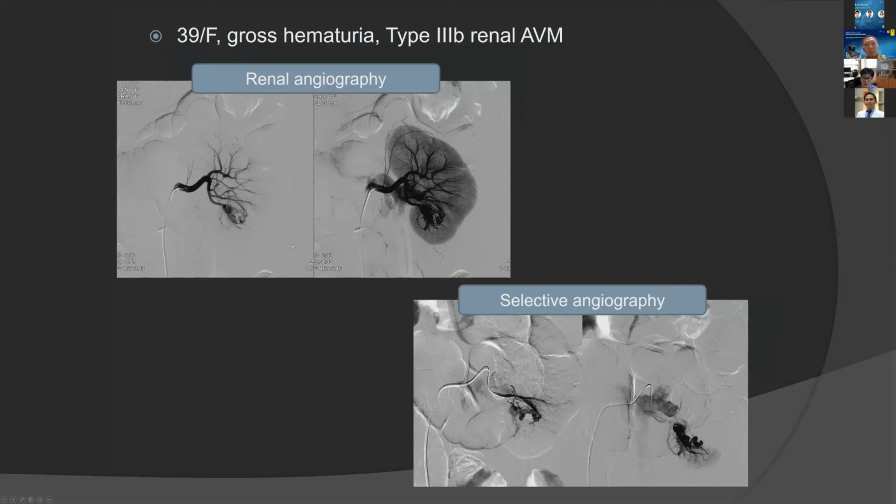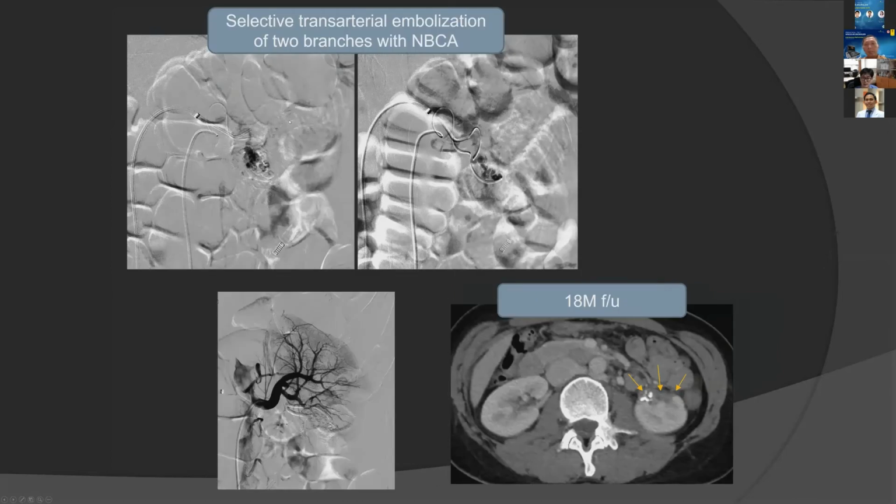This is an example. You can see the AVM in the kidney lower pole. Selective angiography shows a tortuous feeding artery and vein. At that time, transvenous access was attempted but failed. So I used transarterial glue injection.